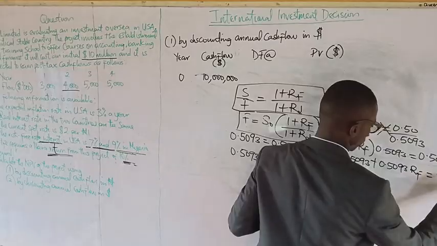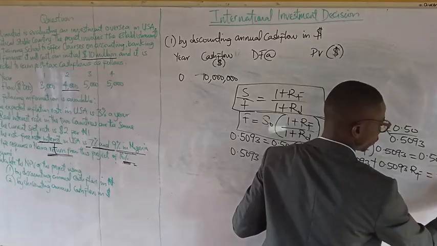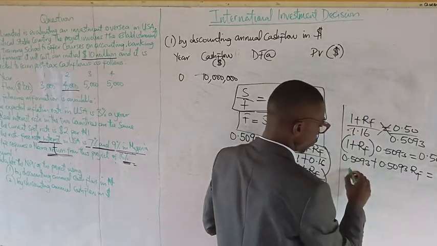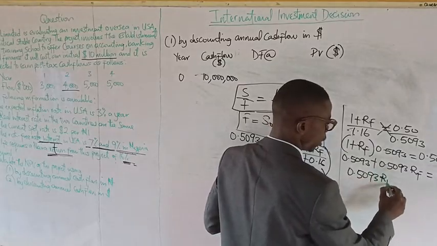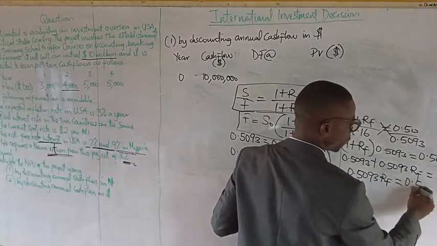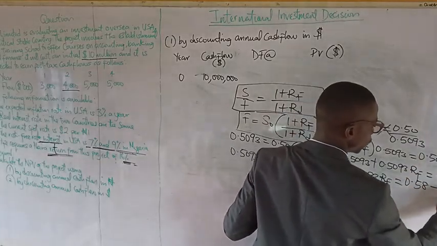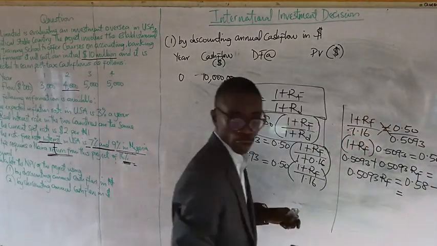So 0.0093 RF, this one crossing over, will be 0.58 minus 0.5093. What will it give?